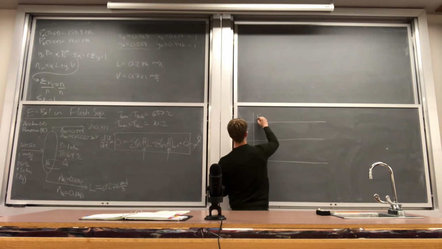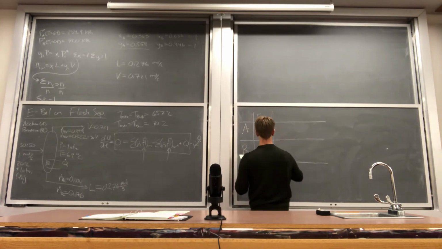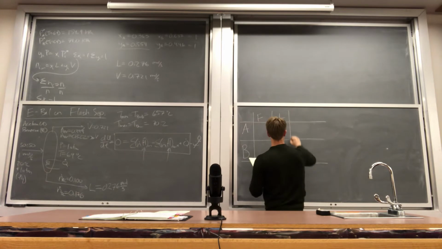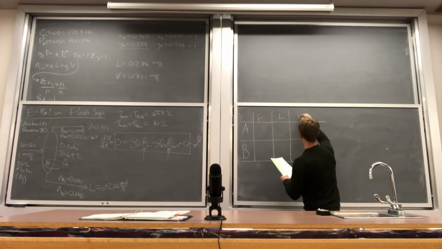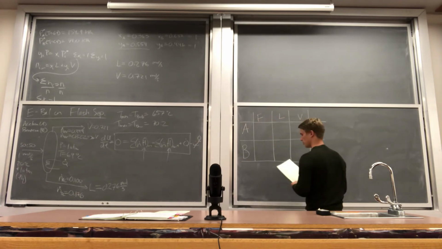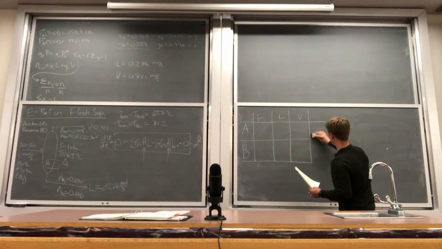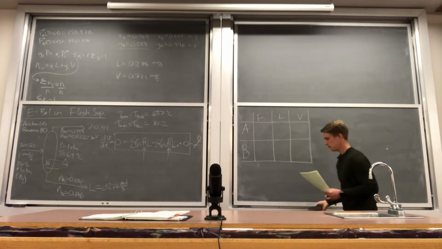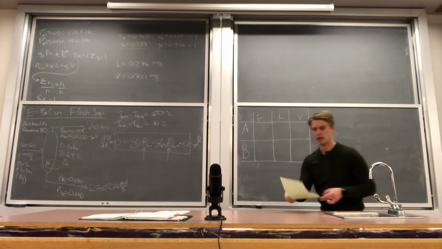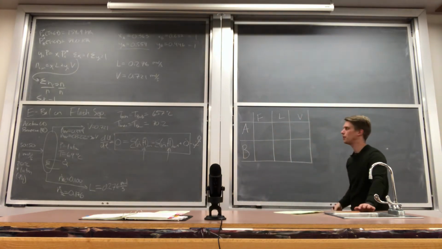So we have our feed, our liquid side, and our vapor side. All right, so we've built our steam tables for acetone and benzene.